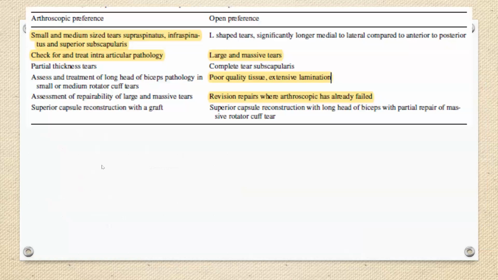Based on this, the authors concluded that an arthroscopic procedure can be preferred for a small to medium-sized tear, and in cases with suspected intra-articular pathologies or a partial thickness tear. The choice of open surgery should be made in case of large and massive tears, a complete subscapularis tear which might be difficult to address arthroscopically, when expecting poor tissue quality and extensive delamination, and also in revision surgeries where arthroscopy has already failed.